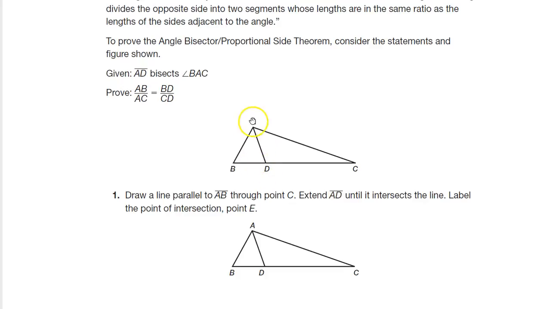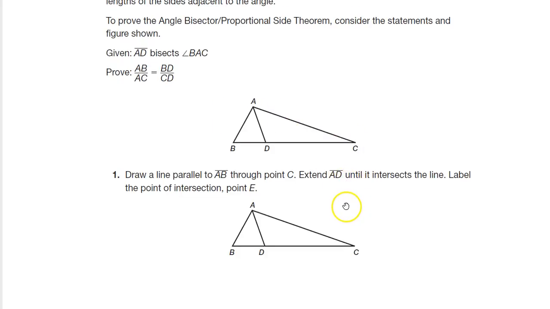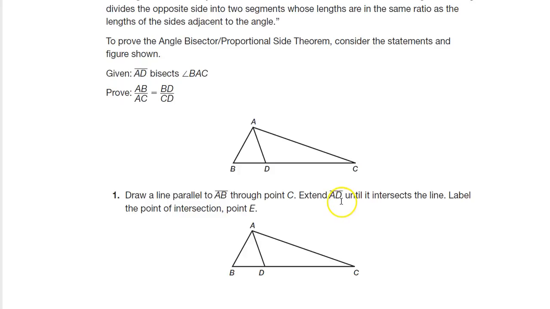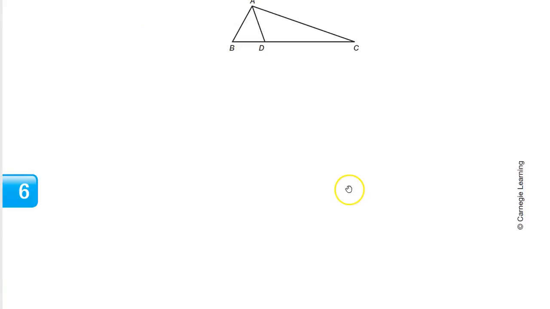That's what that means. It's dividing it so that this side is directly related to the ratio of AB and AC, so that's his share, right? And this side is directly related to that ratio as well, so it should get his share as well. So that's kind of the idea behind the angle bisector proportional side theorem.